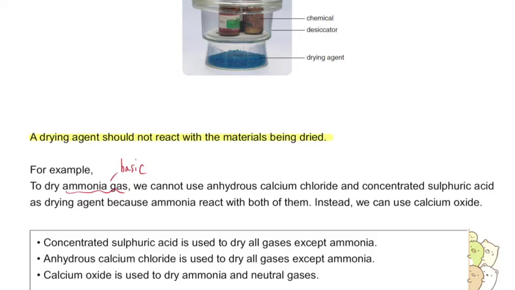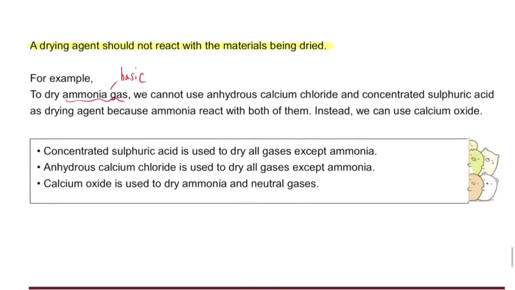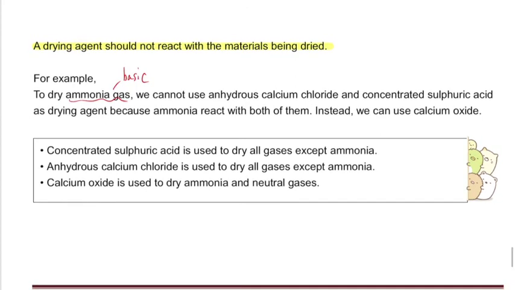It will have a neutralization reaction. So we would not be able to use anhydrous calcium chloride or concentrated sulfuric acid, because a neutralization reaction is going to happen. So what we can use is calcium oxide.